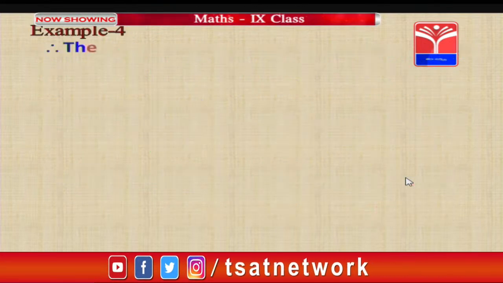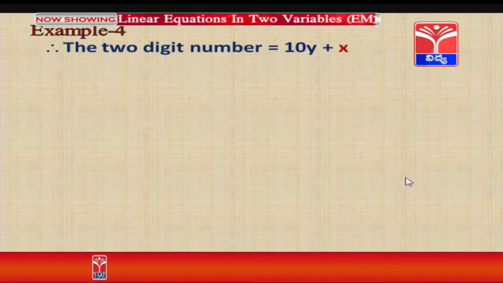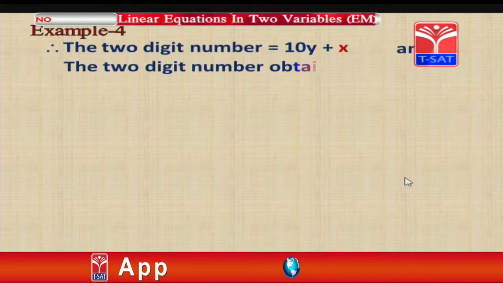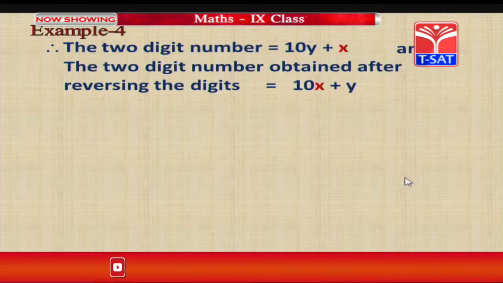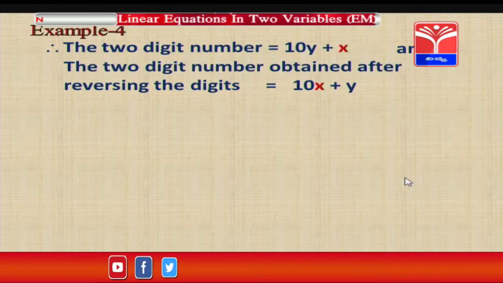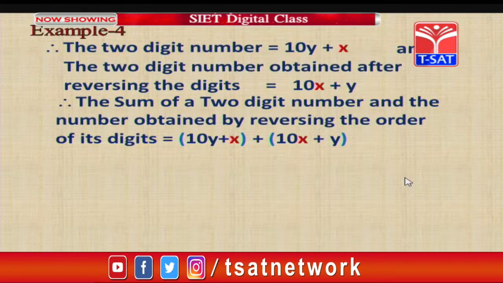121. So, the 2 digit number is equal to how much here? 10y plus x in the beginning. After interchanging, what you are getting? After the interchanging or reversing the digits, the number is 10x plus y. Sum of them is how much? Please see, 10y plus x plus 10x plus y.